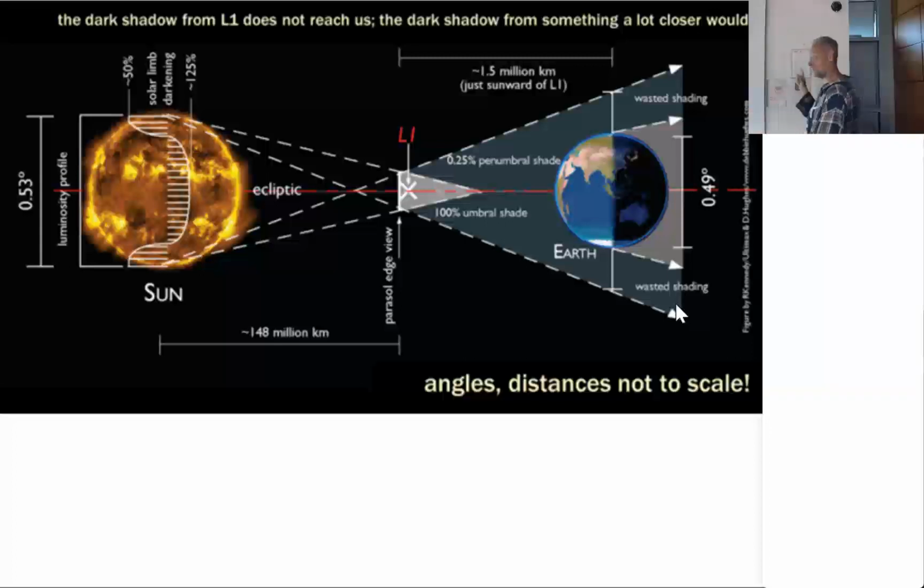Now, that is not what is done here. Here the mirror is put in the L1 point. And the good thing about the L1 point is that the mirror is there and it stays there because it's sort of balanced by the gravity of the planet and the sun. And then you don't need to correct it, it will just stay put, right? And then you need a slightly bigger area.